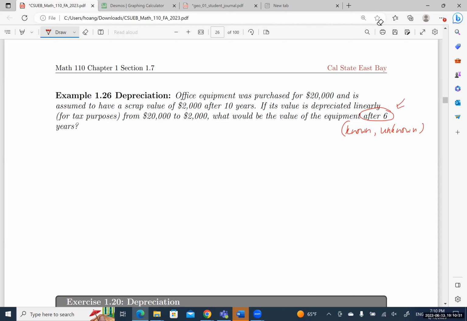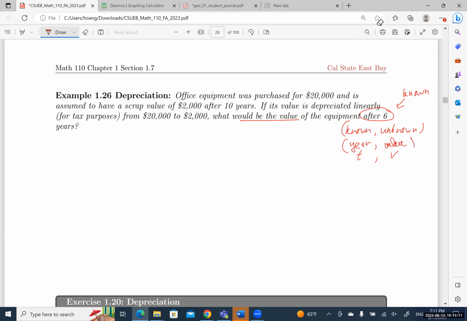So I'm going to say years, and values is the unknown one, because we want to find the values. So we need to have 2 points. Let's label year as T, values maybe as V.